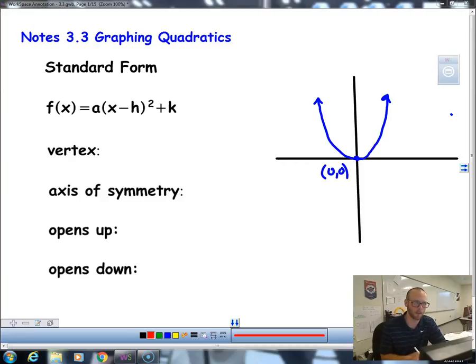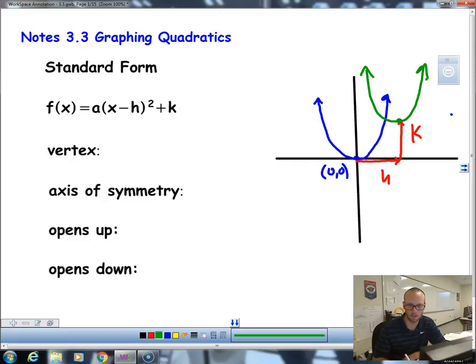What is going to impact the coordinates of the vertex is the h and the k. We know, like I just said, if we subtract h, we're moving it right h. If we add k, we're moving it up k. So if I take this parabola, our parent function, x squared, and if I move it right h and up k, to get our new quadratic, our new parabola, I should say, what are the coordinates of the vertex?